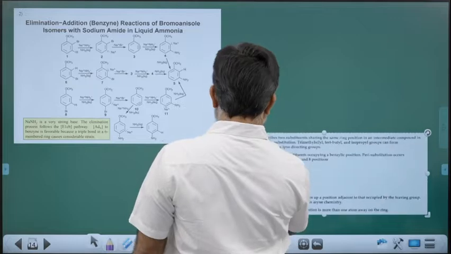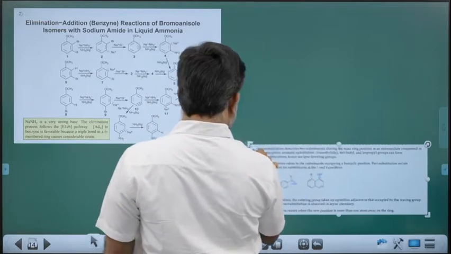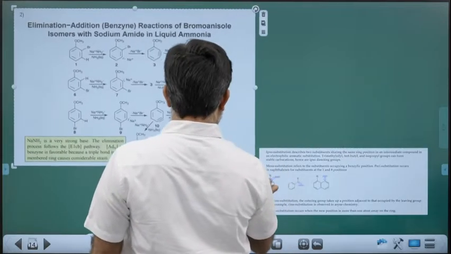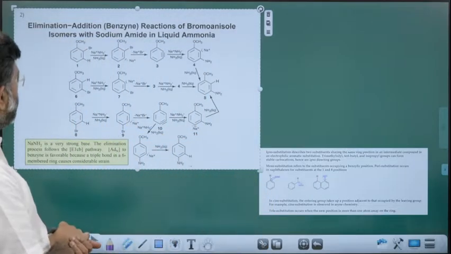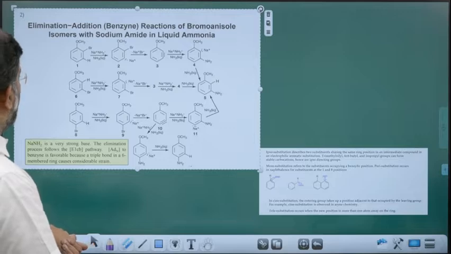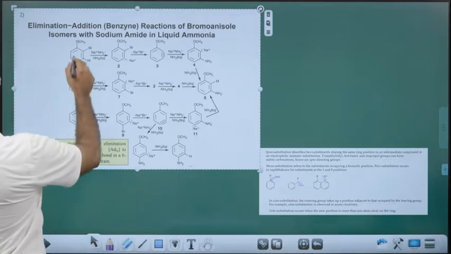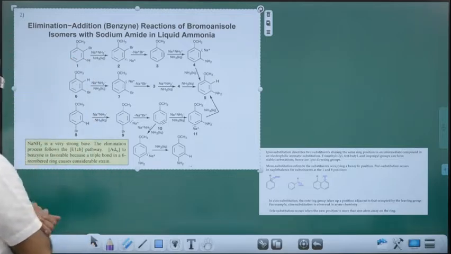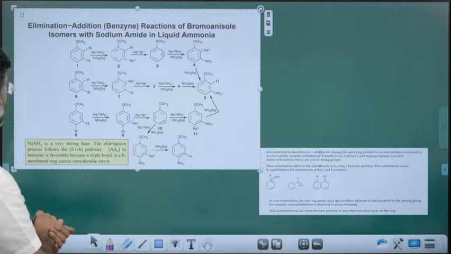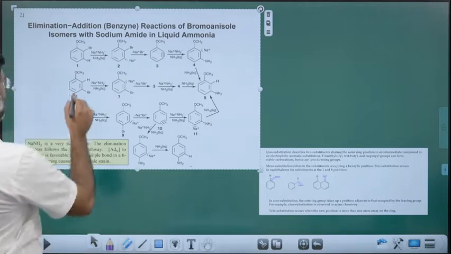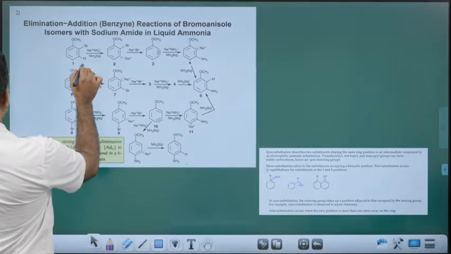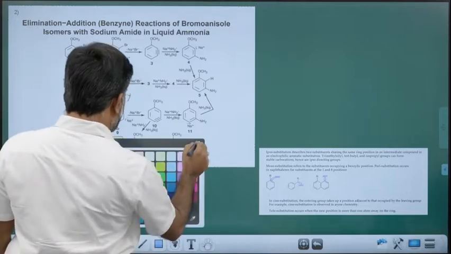This part I will explain later. Let me explain this first. You see, elimination, addition, the benzyne reaction of bromoanisole. Here, in the first case, we have taken ortho-bromoanisole treated with NaNH2 in liquid ammonia.